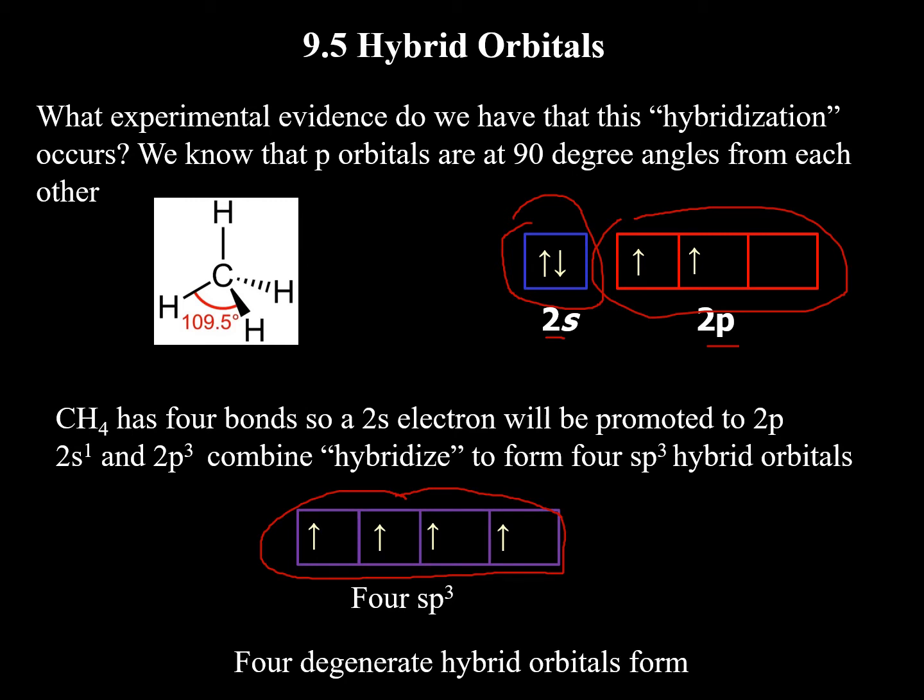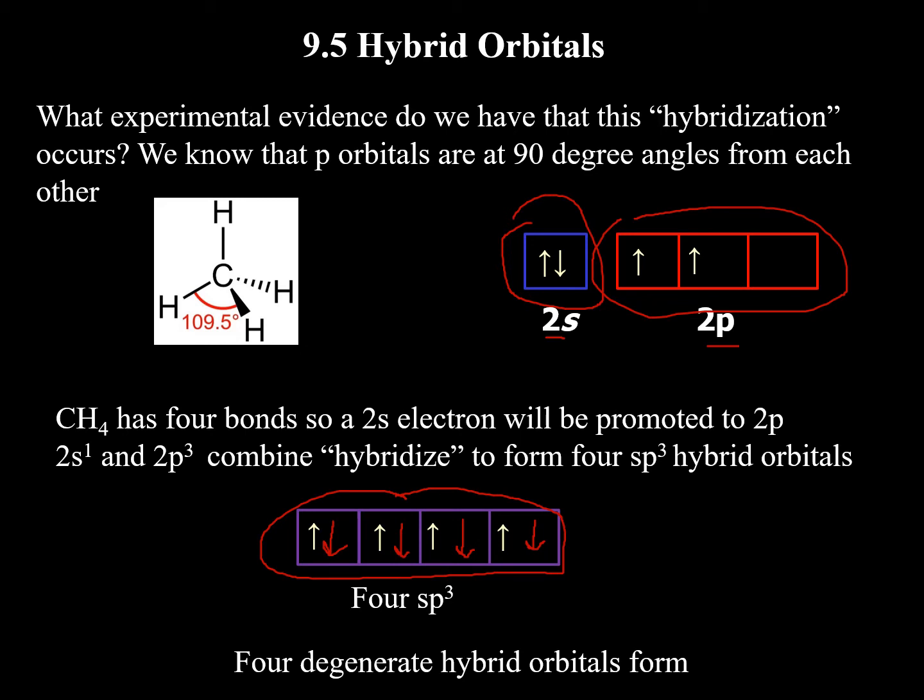So again, hybrid, the s and p's come together. The blue and red come together to give us 4 sp3 purple orbitals. They all have the same energy, and each one of these hybrid orbitals can now take in an electron from a hydrogen 1s to make 4 bonds.